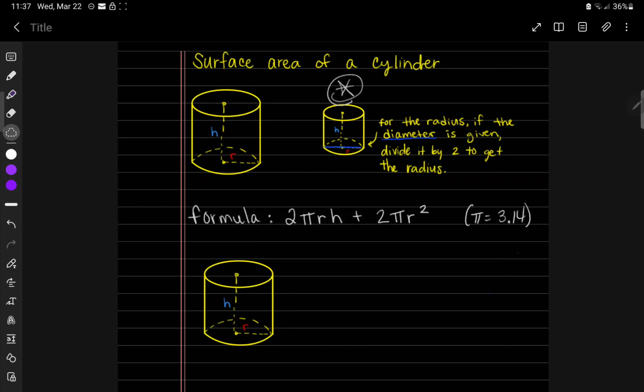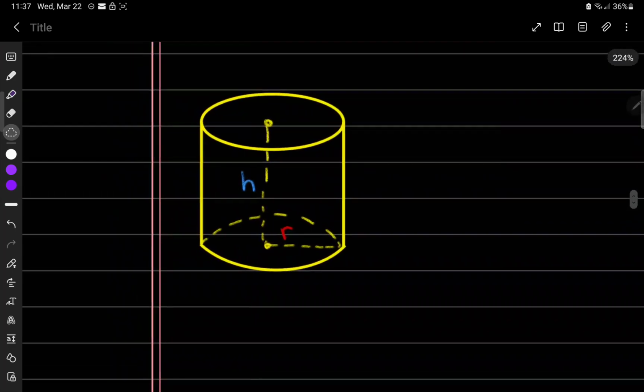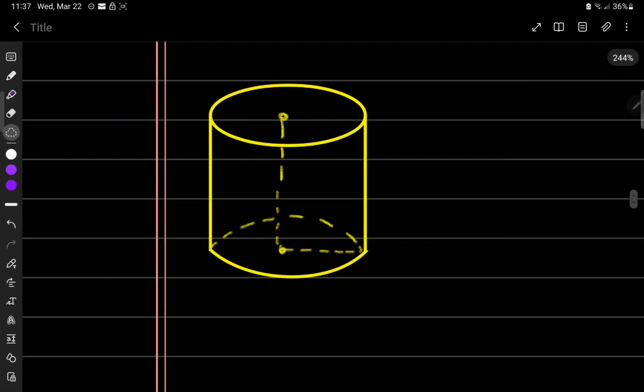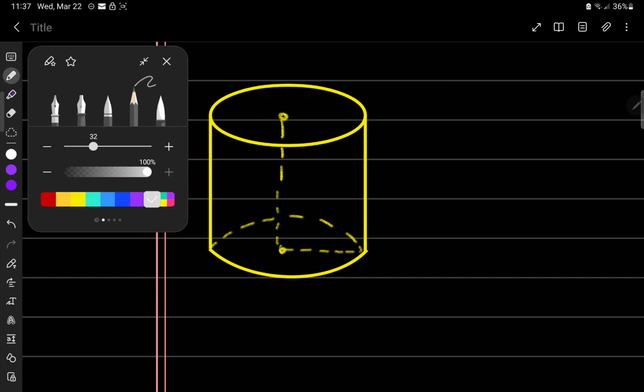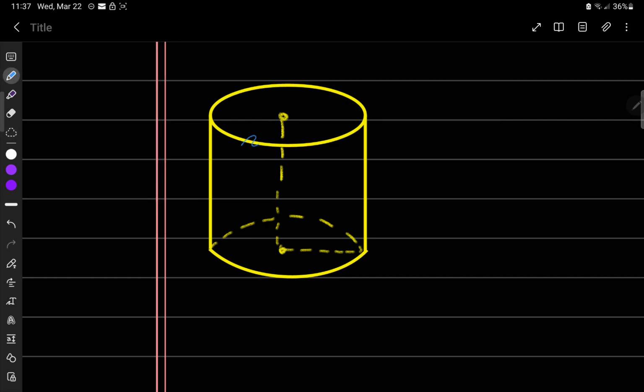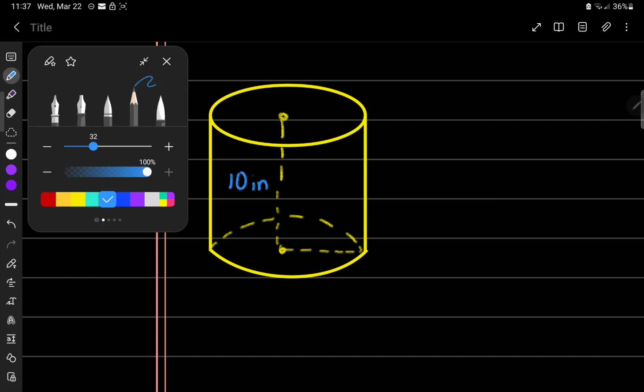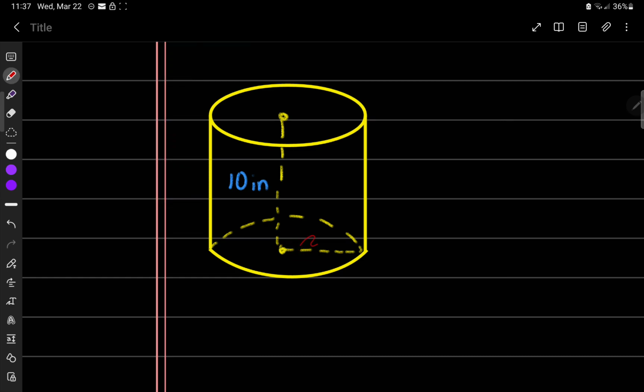All right, so let's say the height is, let's do 10 inches, and the radius is 4 inches.